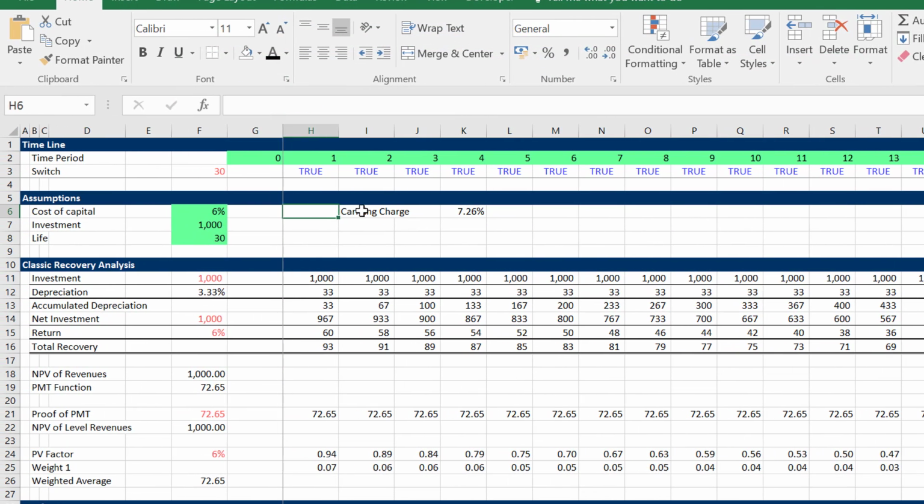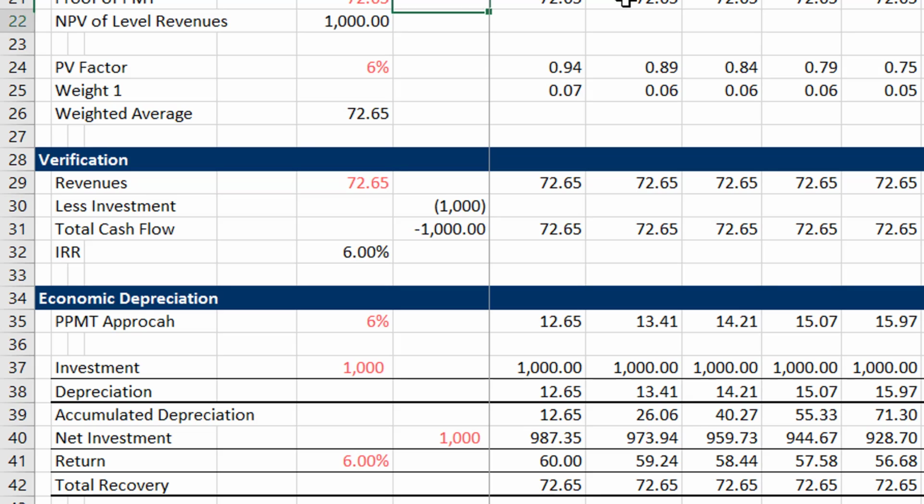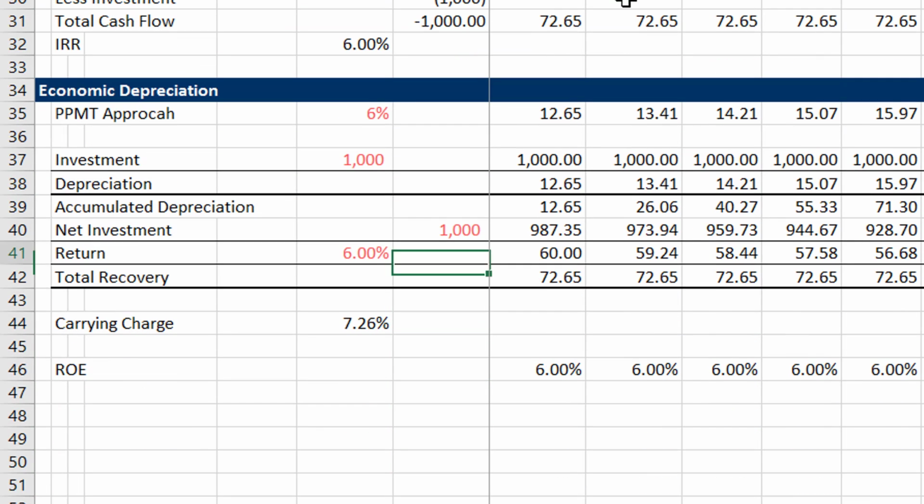Big deal. All right, now, this was our simple case with no tax. We used some economic depreciation, we had some inflation. And when we computed our economic depreciation, here it was.